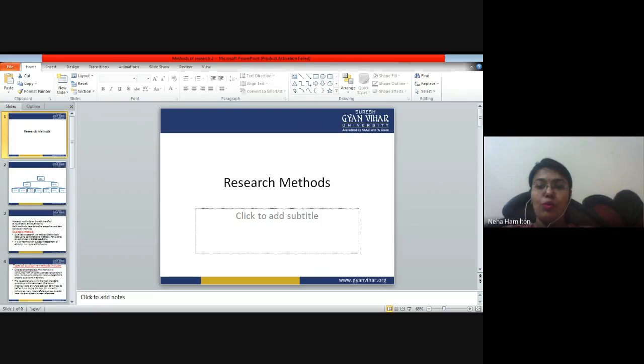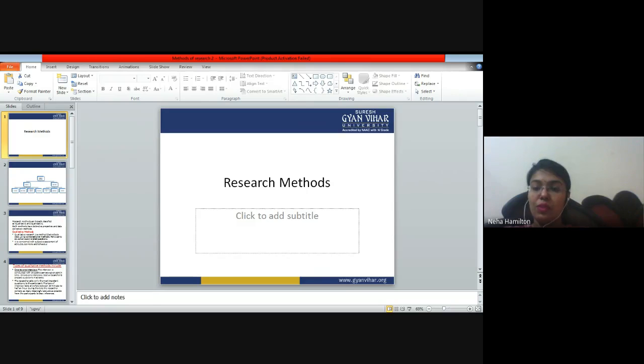The process you go through, we will understand in the next class. Right now, it is important to understand the methods of research: how to go about it, how to collect data, and what is the right method of collecting data. These questions are going to be answered in this session.